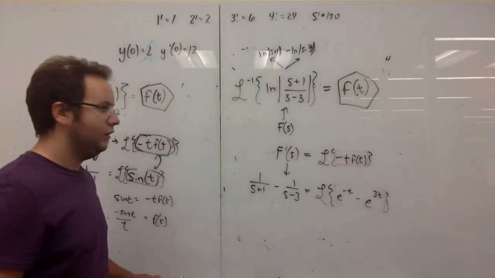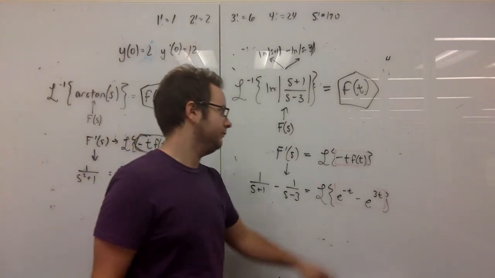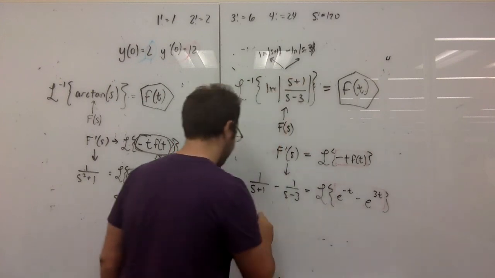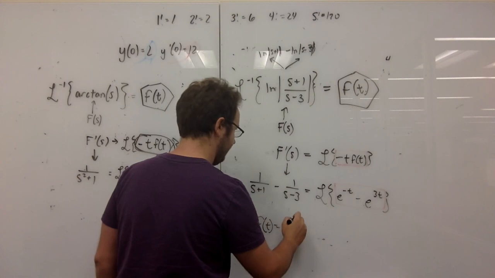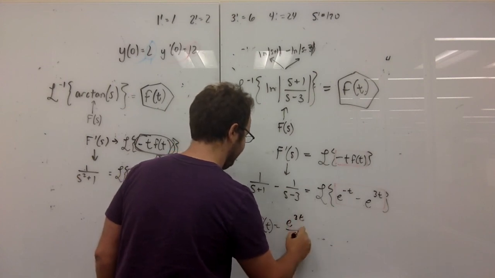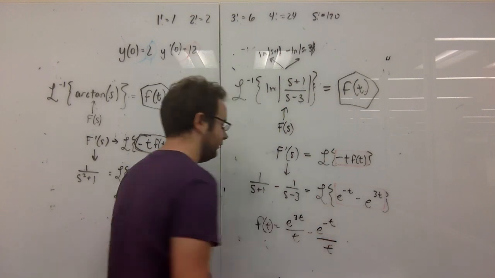So we set those equal. If I ask you to solve for f of t, what would you do? Divide by negative t. So f of t equals e to the 3t over t minus e to the negative t over t. That's it.